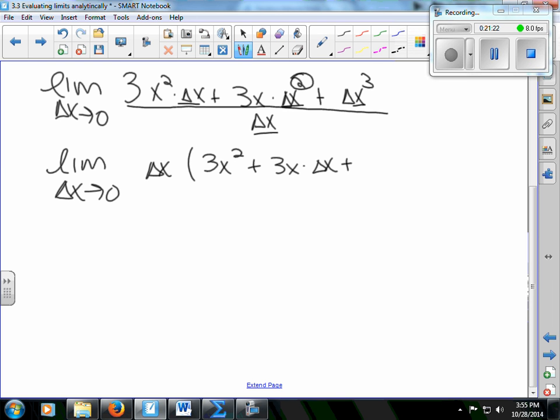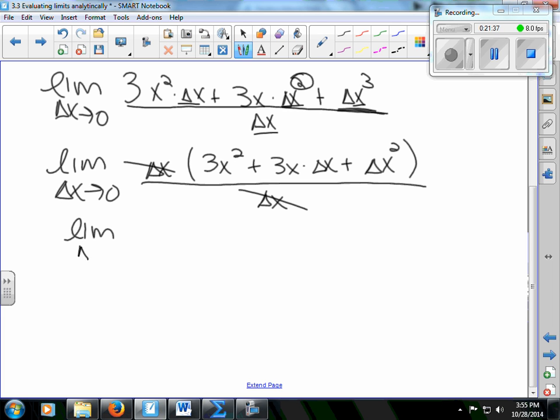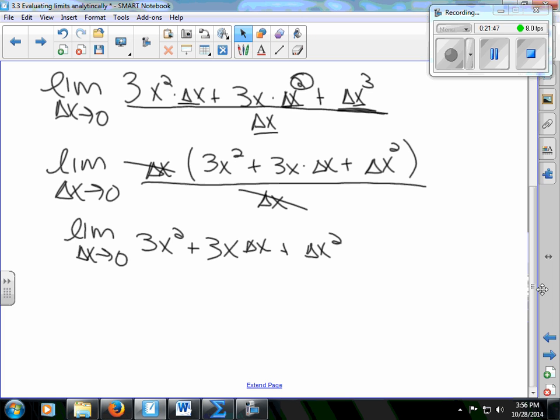And in my final term of my numerator, that delta x cubed becomes a delta x squared because I factored out one of the delta x's, divided by delta x. Well, wahoo, here is where I'm canceling 0 divided by 0. So my limit is the limit as delta x approaches 0 of 3x squared plus 3x delta x plus delta x squared.